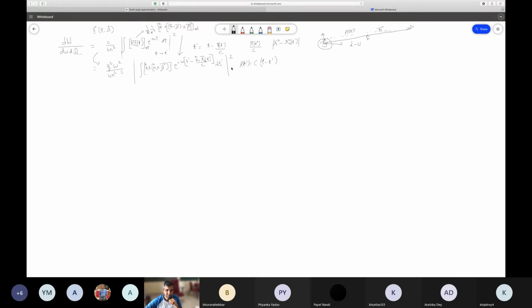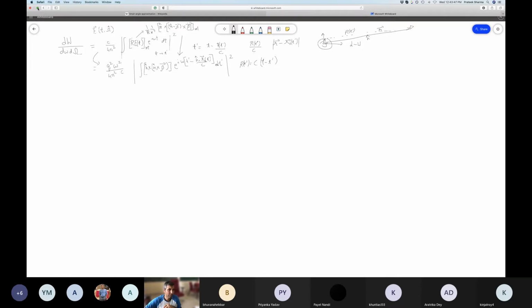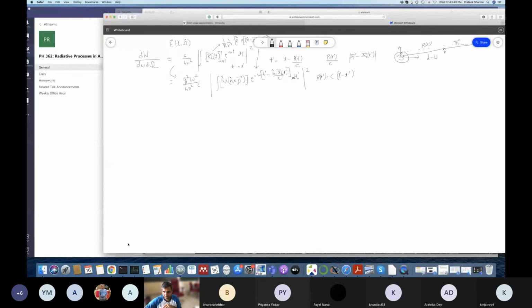Okay. Do some of you recall this? There was a homework problem where I had asked you to show this intermediate step where we do a change of variables. Does someone remember that homework problem? I guess not.